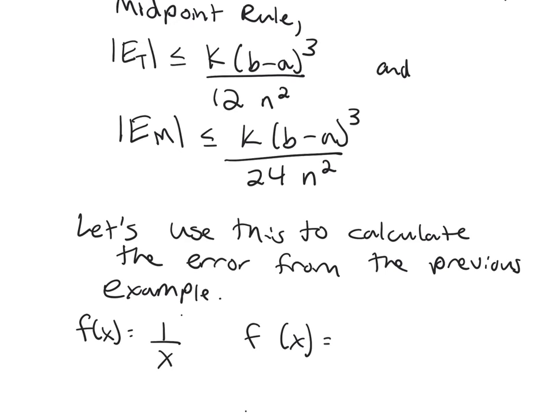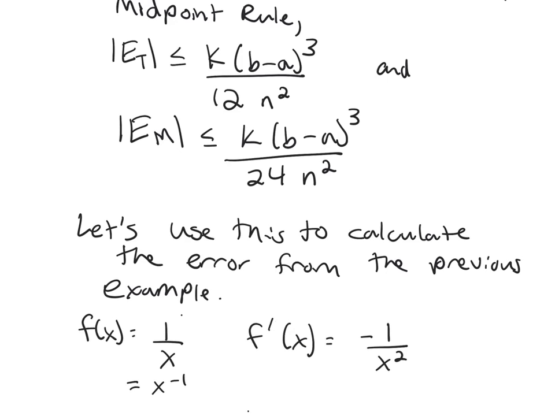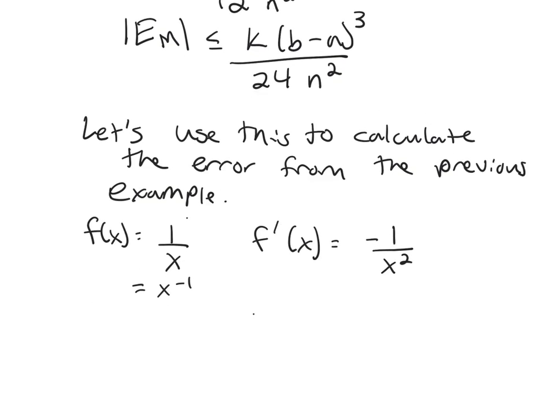So the first derivative: this is x to the negative first, so it'll be negative 1 over x squared. And now we want to take the second derivative. Think of this as negative x to the negative second.